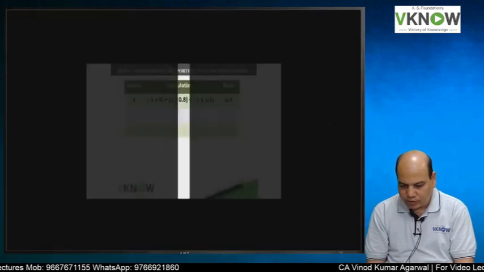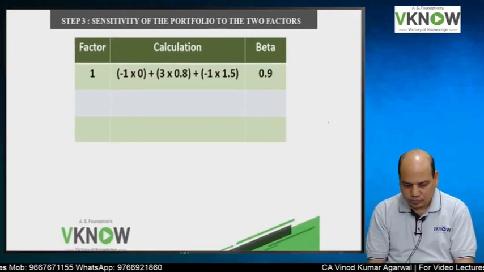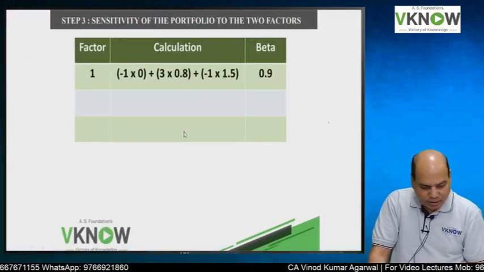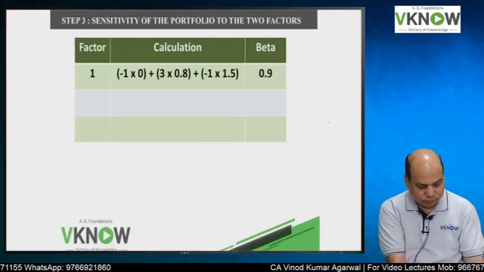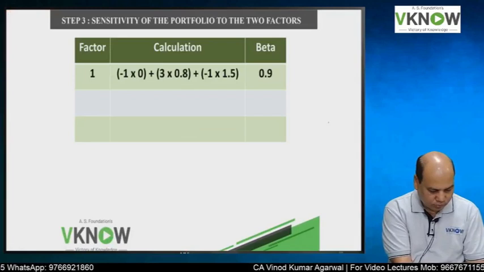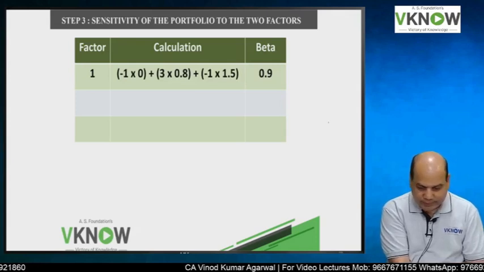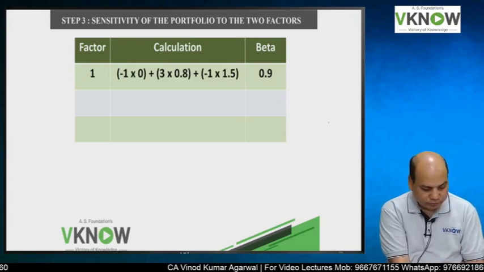First write down factor 1. Minus 1 into 0. What is minus 1?